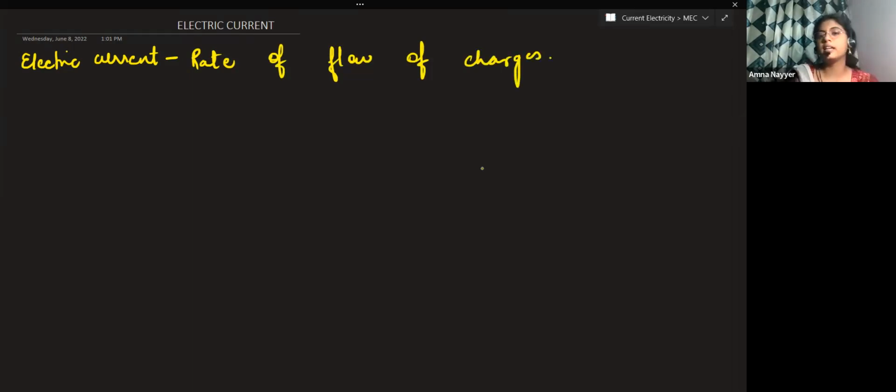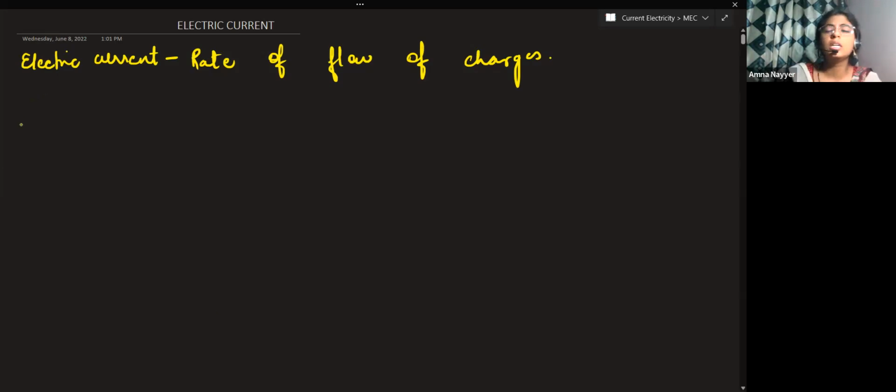Now, electric current is a scalar quantity, but despite being a scalar quantity, it does have a direction. See, what are scalar and vector quantities? In vector quantities, you have the magnitude as well as the direction, and for the calculation of direction, you use your vector algebra laws. Electric current is a scalar quantity, but it has a certain direction, and that direction is very simple.